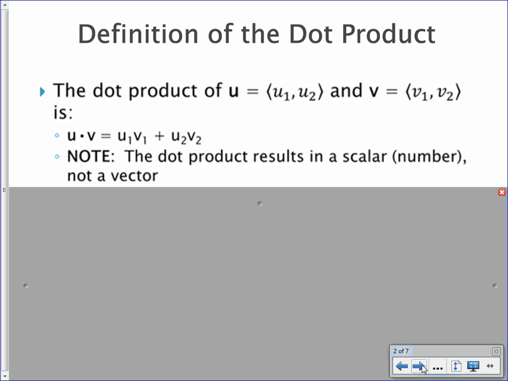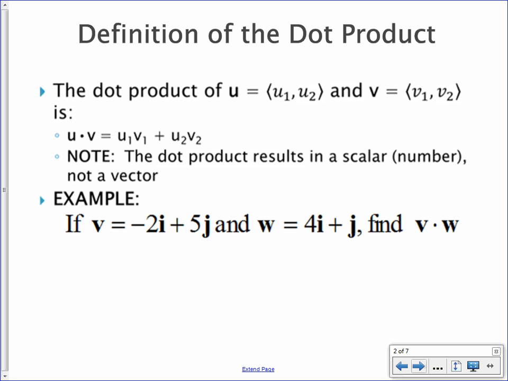We get a number, or what we call a scalar, out of it. We do not get a vector. So it's just the sum of the product of the horizontal components and the product of the vertical components. Right? So we're going to do an example.